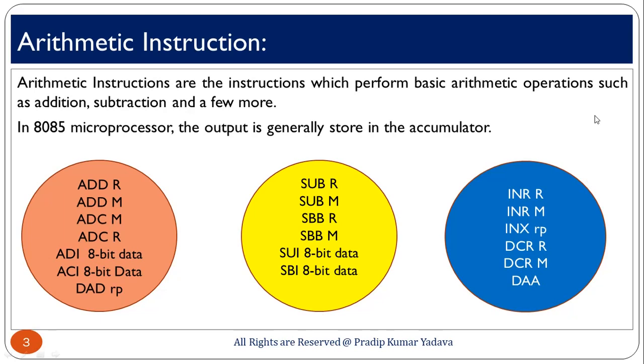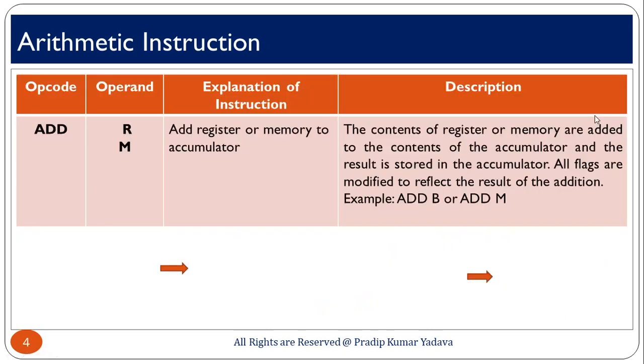Hope that by looking at examples you can easily understand how these instructions work during arithmetic operations in the 8085 microprocessor. So let me start. The first instruction is ADD R.